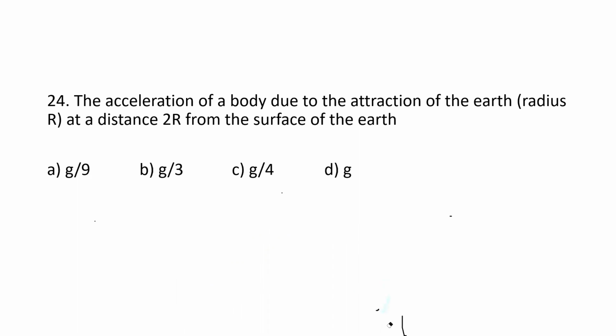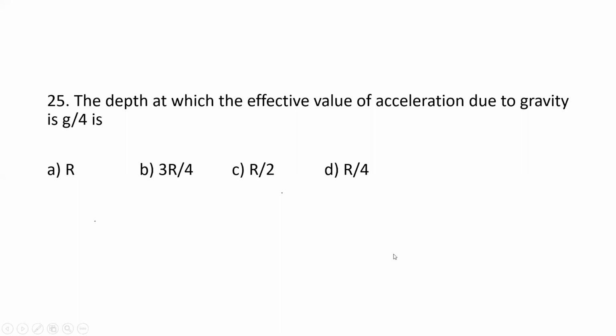Let us see the next question. The depth at which the effective value of acceleration due to gravity is g by 4 is... So at a depth, the effective value of acceleration due to gravity is g by 4.